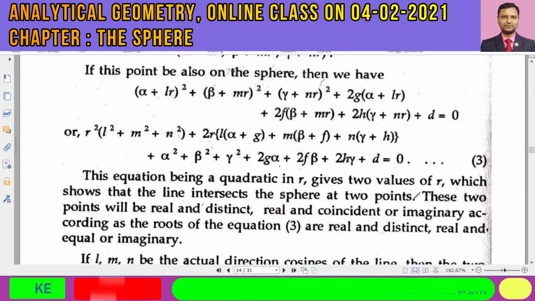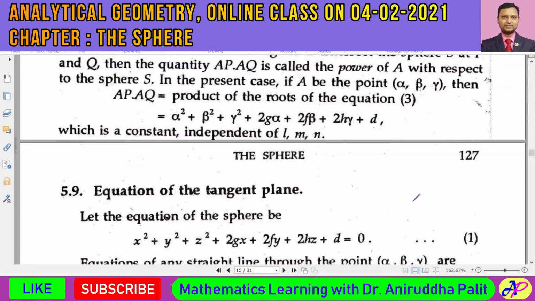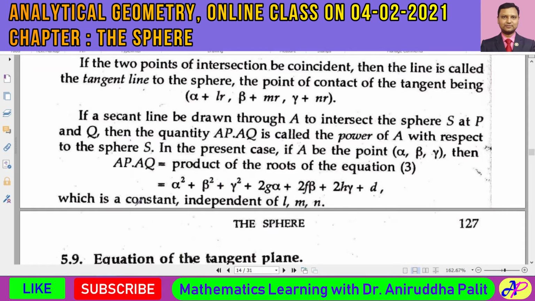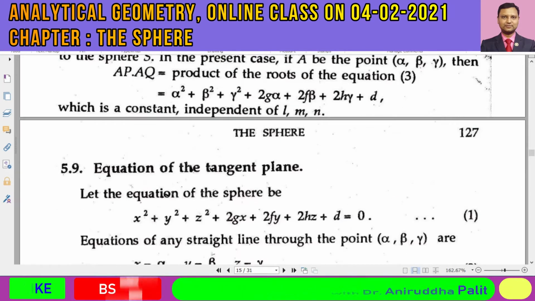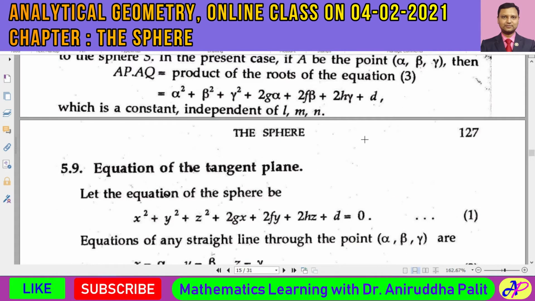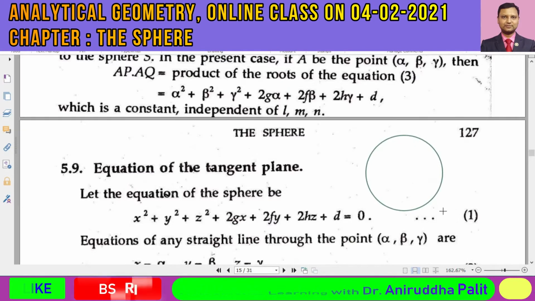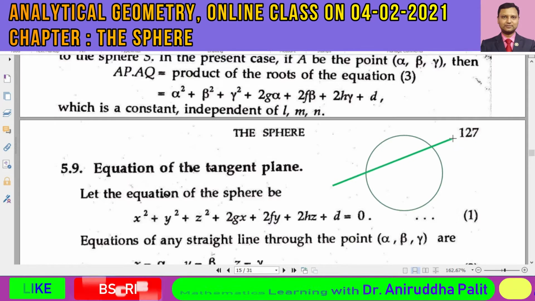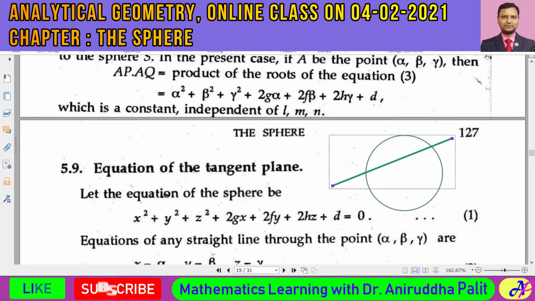Okay, now let's move to the next topic. Over here, we can observe a result that if suppose this is a sphere, and this is a straight line passing through that sphere, and suppose this is the point P and this is the point Q, the points of intersection.